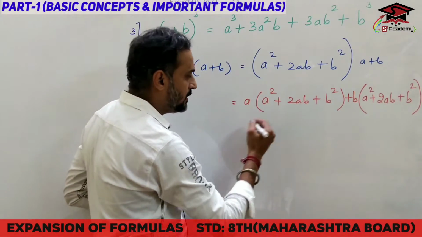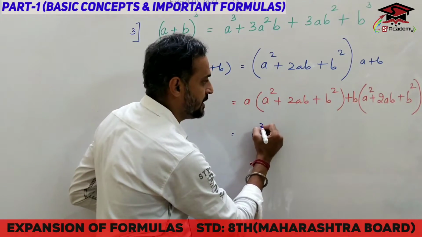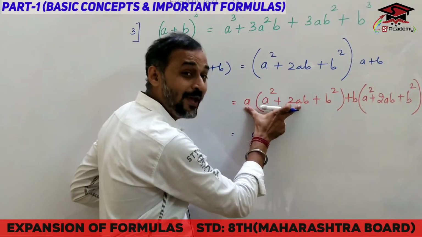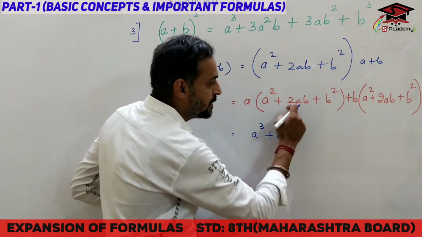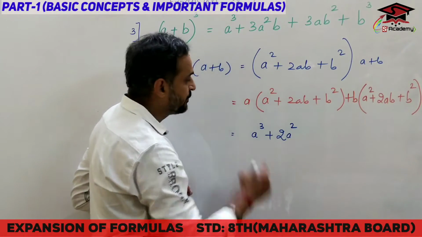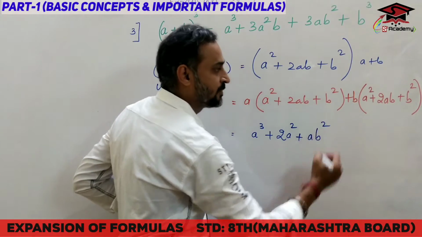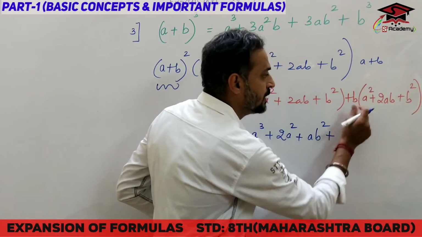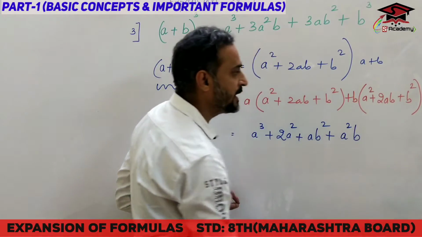So I'll make it a into a square, let me consider the a cube. A into a is a square, not 2a; let 2 stay as it is. A into a is a square. A into b plus b square. Again the same way, same method, b into a square, let me consider the a square b.